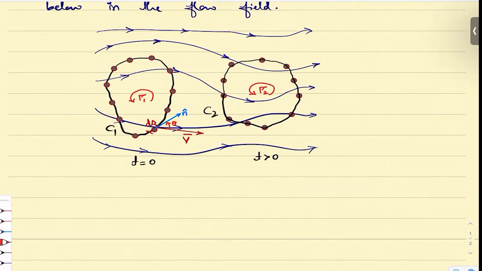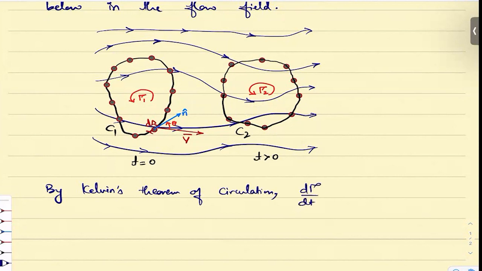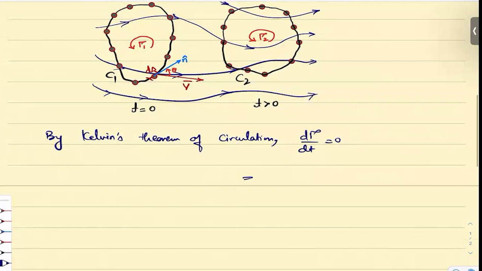Can I go ahead now? Okay. So by Kelvin's theorem of circulation, d gamma by dt should be equal to 0, which implies d gamma equals 0.